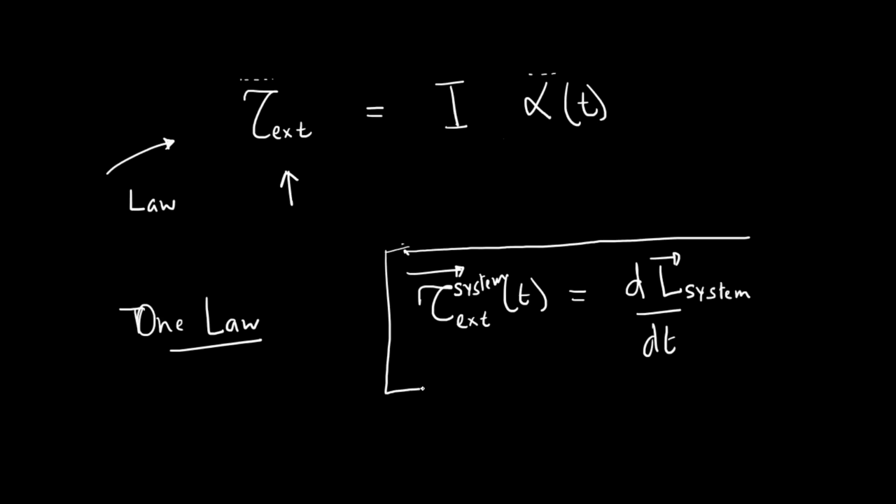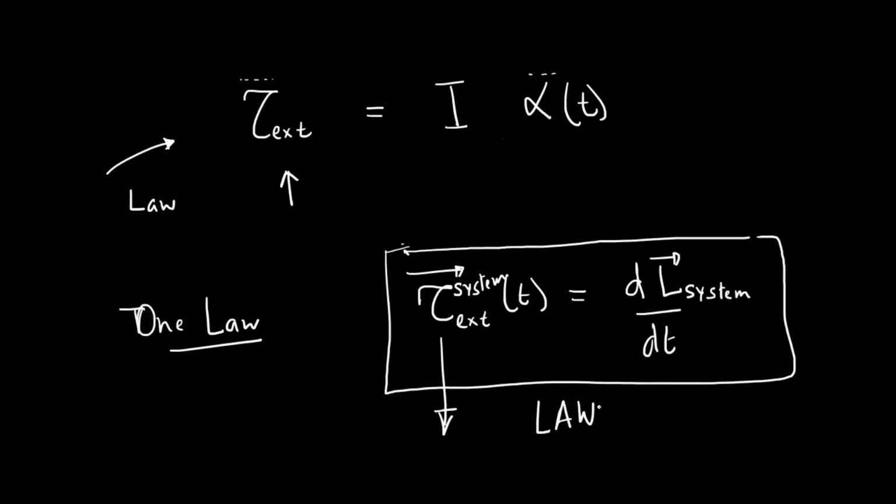Okay, one law for the whole set of difficulties we have in this chapter. Now here I have no doubt in my mind that torque is a vector. It's a cross product, and angular momentum is a vector. It's a cross product of two vectors which gives a vector, and this law, like I said, is a law of nature, and we have stumbled upon it with experimentation.